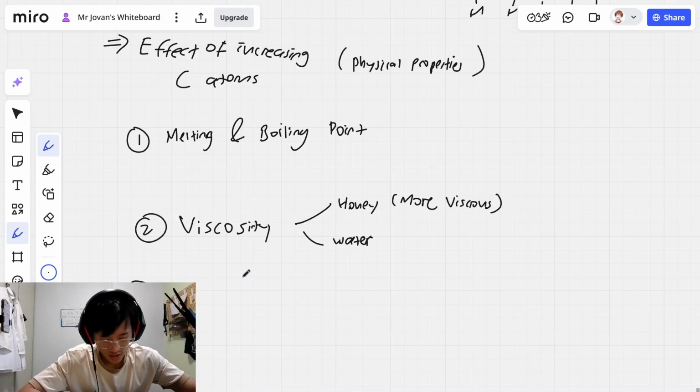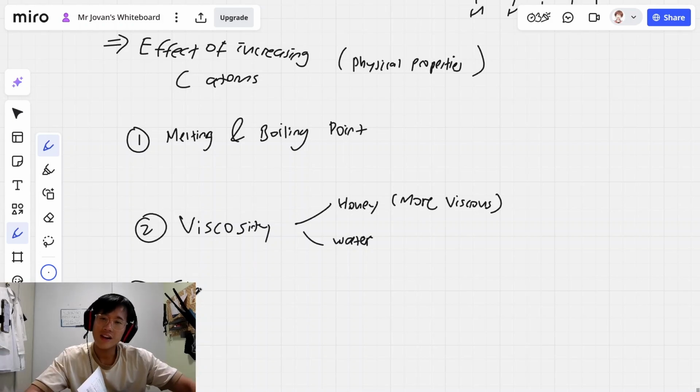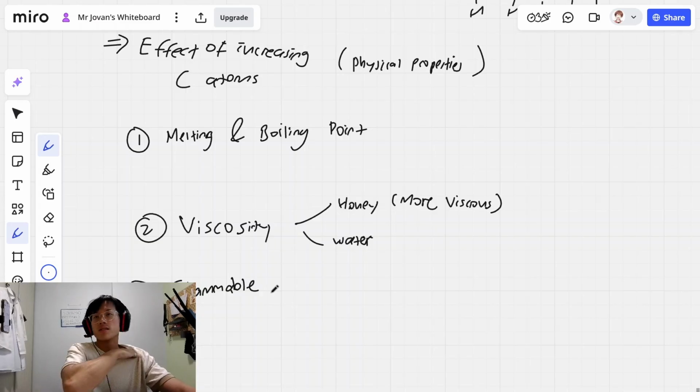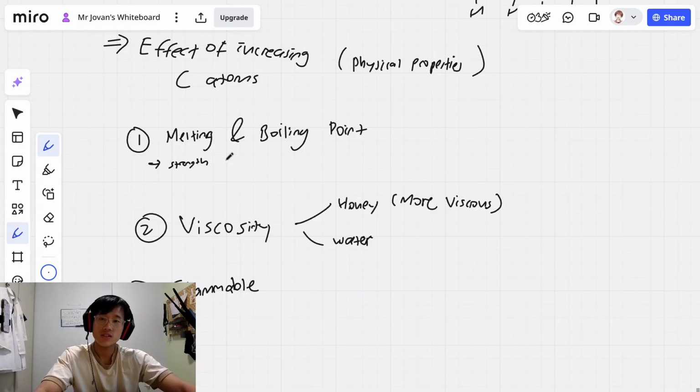Next, number three, we're going to talk about how flammable it is. I'm going to explain to you in a bit. So these three things. Now, melting and boiling point. What is melting and boiling point dependent on? The strength of our intermolecular forces of attraction.